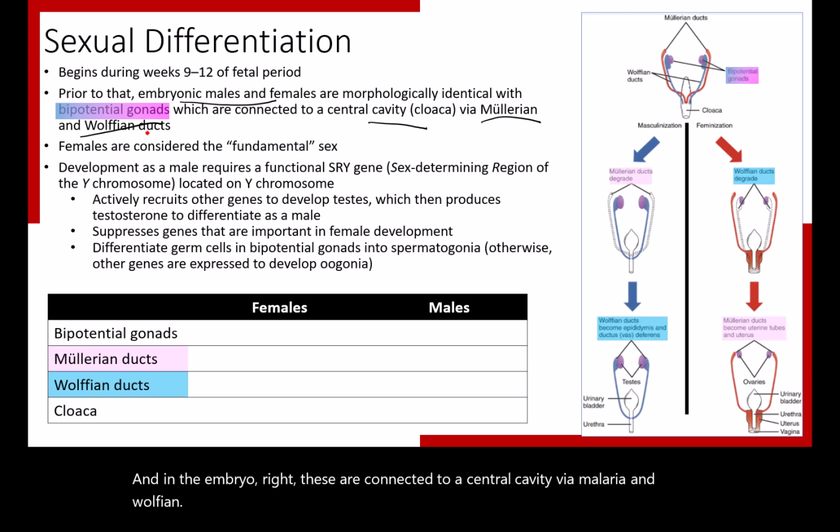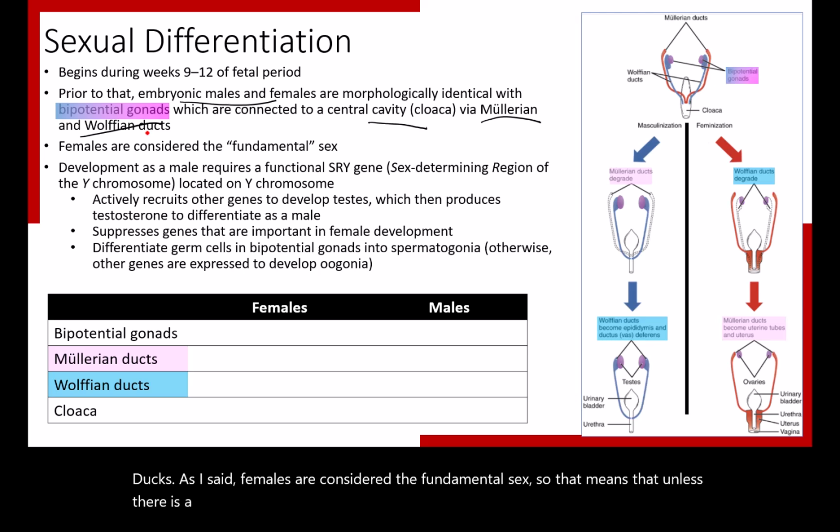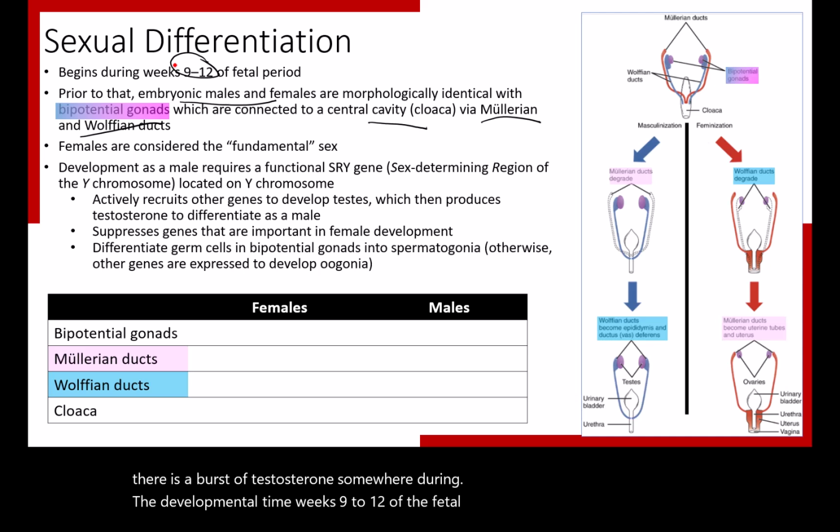As I said, females are considered the fundamental sex. So that means that unless there is a burst of testosterone somewhere during weeks 9 to 12 of the fetal period, the fetus will develop as a female, right?